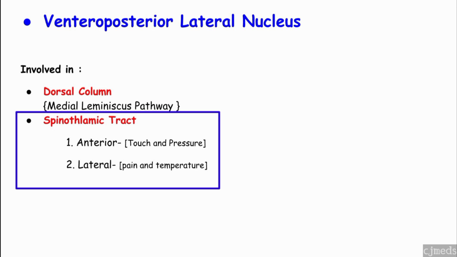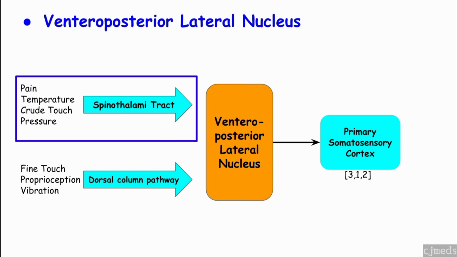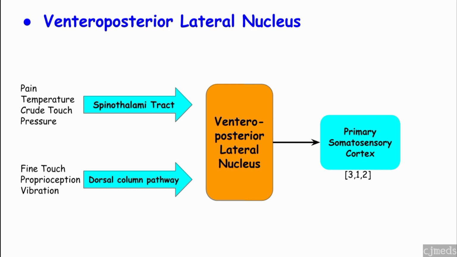The lateral portion is involved in pain and temperature, and the anterior is involved in crude touch and pressure. So as I said, it receives information about pain, temperature, crude touch, pressure, which is carried through the spinothalamic tract, which sends this information to the ventero-posterior lateral nucleus.